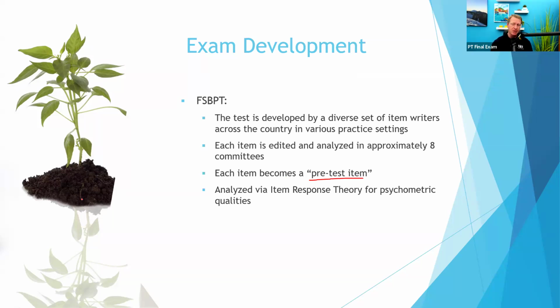These are pretest items, ones that you have to take, and they validate the questions based on your performance on these questions. So you get to be the unwitting guinea pig to make sure that each question is valid. They want to see if people who get the question right pass the test, and people who get the question wrong fail the test. And so that's how they analyze whether a question is a good question or not.